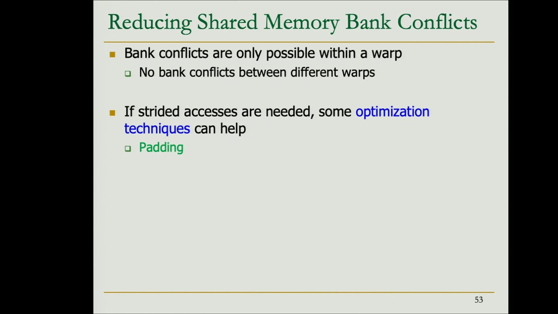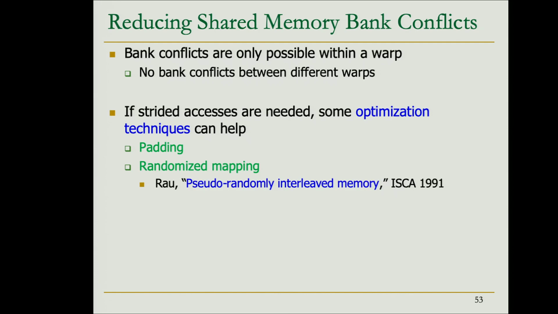Yeah, there have also been different proposals to deal with bank conflicts. I think I already mentioned this randomized mapping from this paper in ISCA 2000, and in ISCA 1991, pseudo-randomly interleaved memory. Essentially the idea here is to use hash functions that do the mapping in a different way.